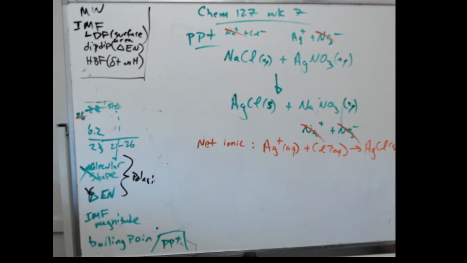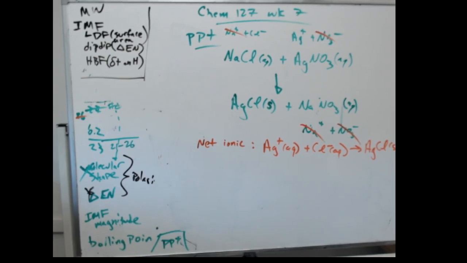So when you're crossing the stuff out, how do you determine what you cross out again? There's three things I look for. Same elements, same charge, same state of matter.